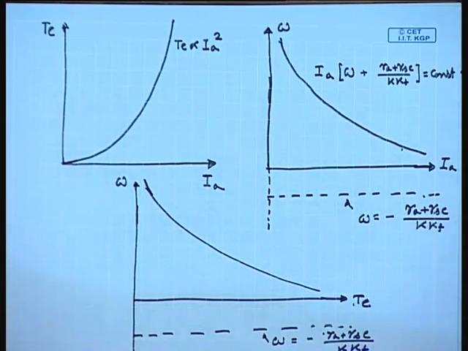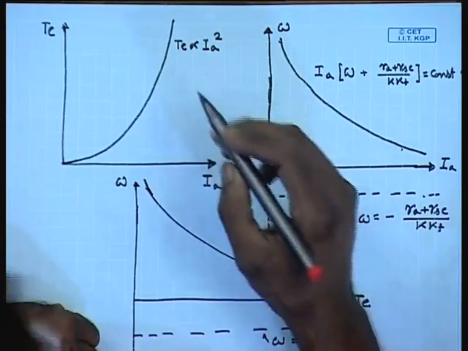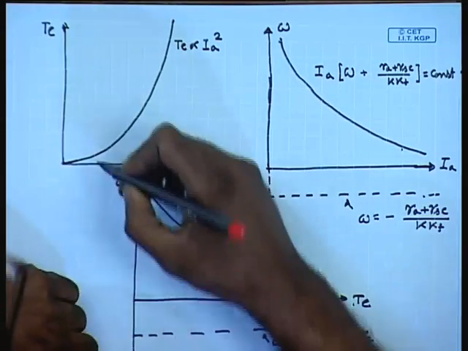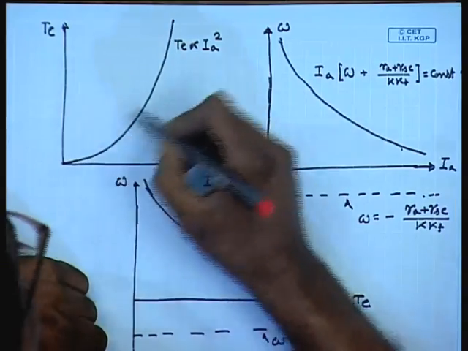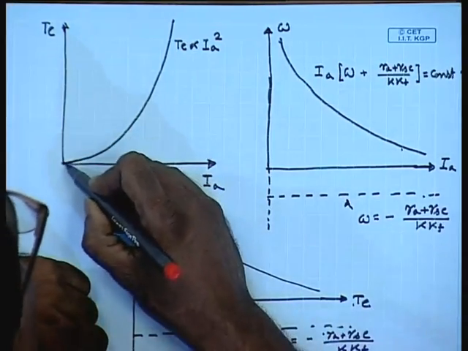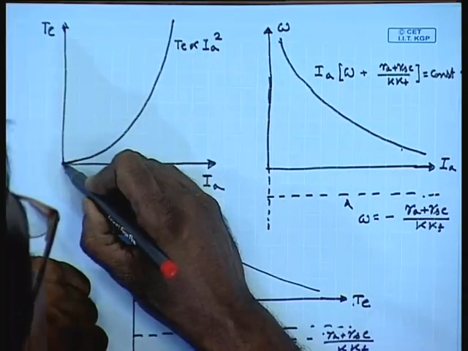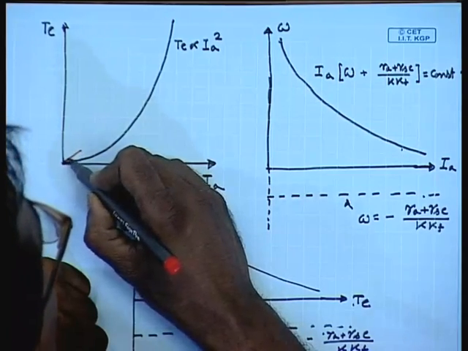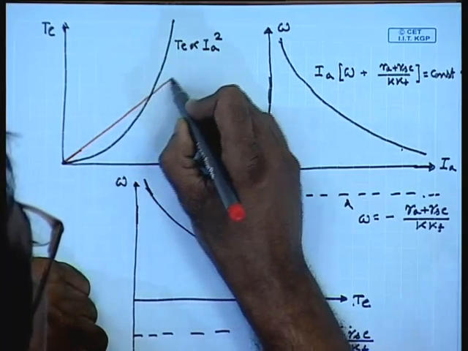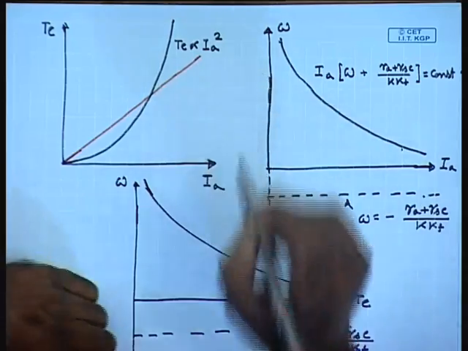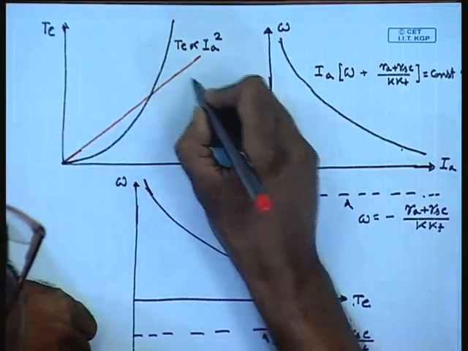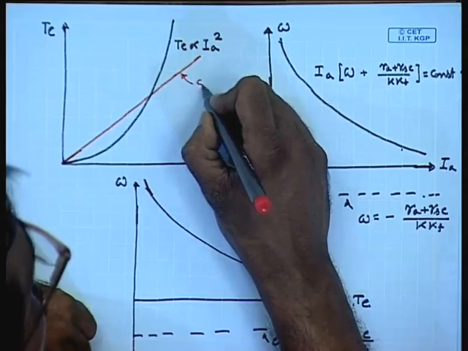For a comparison, let us also draw the corresponding characteristics for a shunt motor. For a shunt motor, torque is proportional to I_A. So, up to some point, this is the shunt motor.